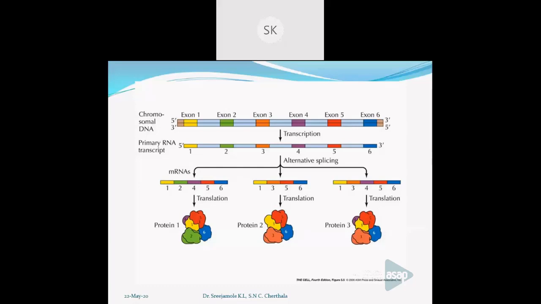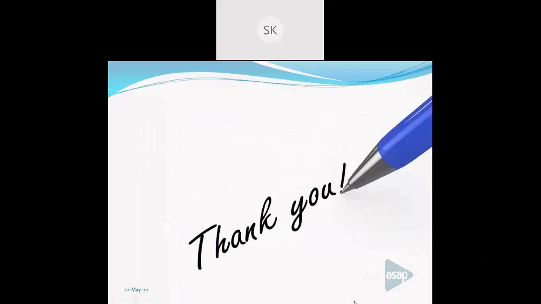And if they do not attach, the splice site is skipped, that exon will be removed, and the exon will be included in the end. So that is how alternative splicing helps produce different varieties of proteins from a single gene.